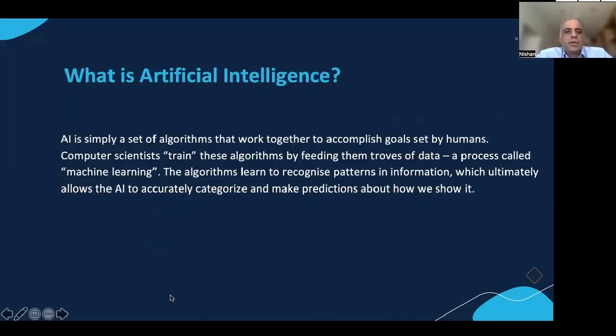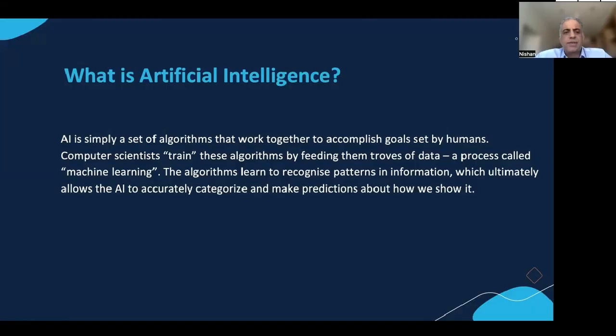So basically, what is artificial intelligence? AI has been around for many, many years, pretty much started in the 50s by Alan Turing. He used a machine test called the imitation game, and this was the first machine intelligence test that was carried out.